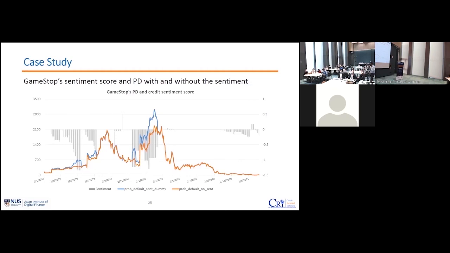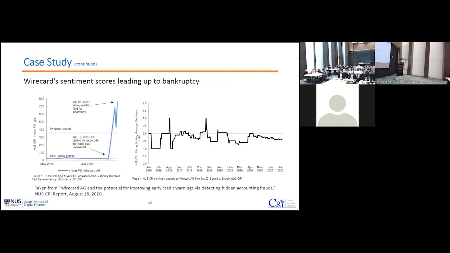So now, okay, here is another example. Here is Wirecard. This is our special report, CRI special report. Wirecard, look at the left-hand side, this is our special report, if you're interested in reading. And we find the default just jumps up. Wirecard actually went bankrupt, right? Our PD just jumps up. And you wonder why it's not like Lehman, where it picks up long ago and gradually goes up. That's our normal case.